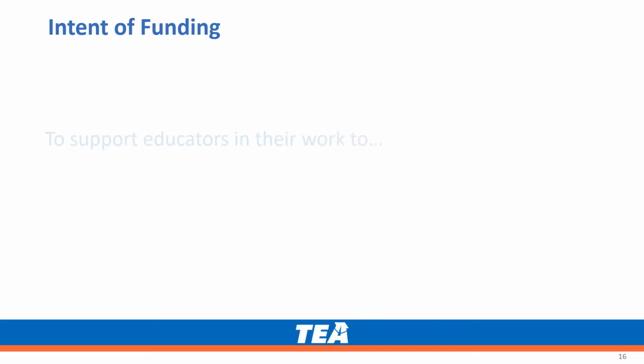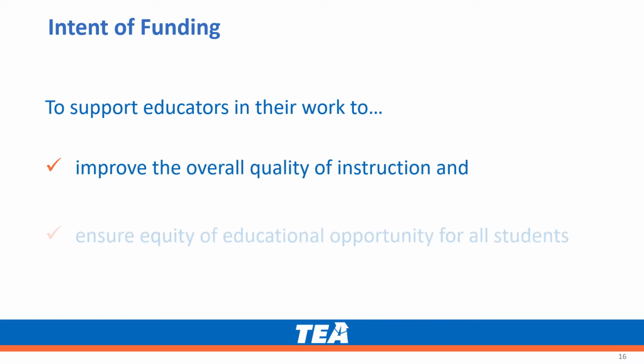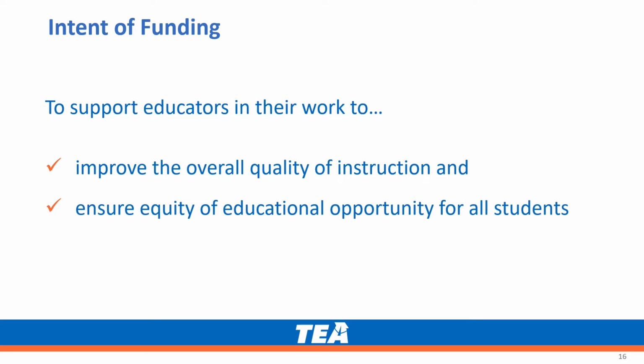The intent of Title II Part A is to support educators in their work, to improve the overall quality of instruction, and to ensure equity of educational opportunity for all students.